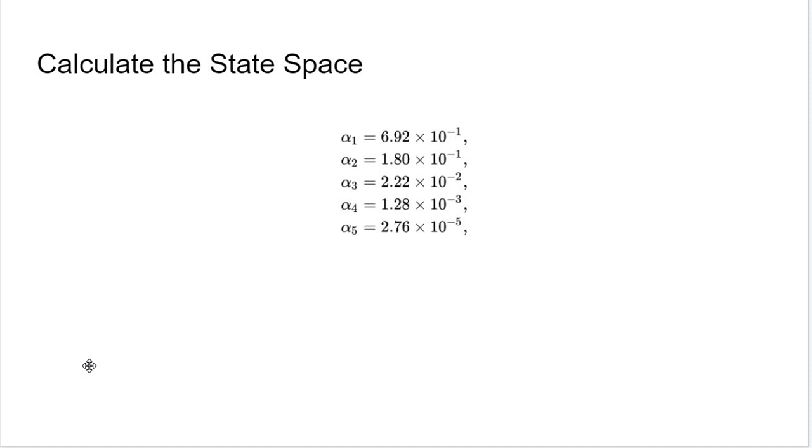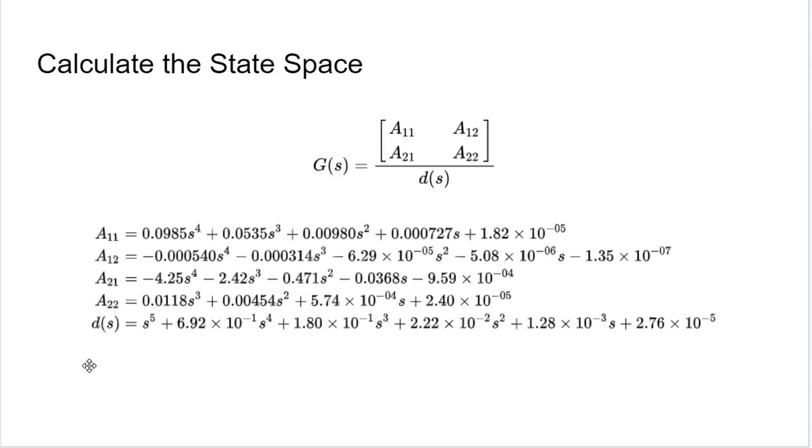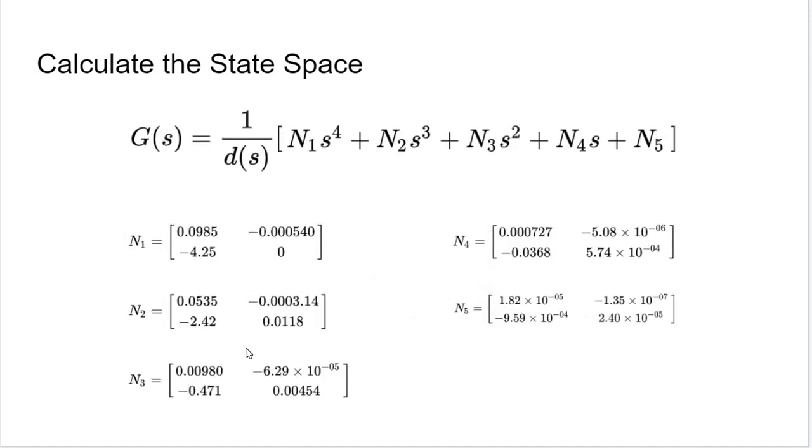I have 5 alpha values in this case. And my transfer function can be written in this format, and so my A11 would be something like this, and my A12 would be something like this, A21, A22, and as previously mentioned, D(s).